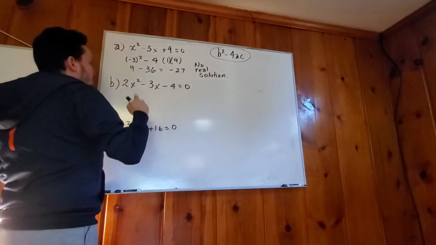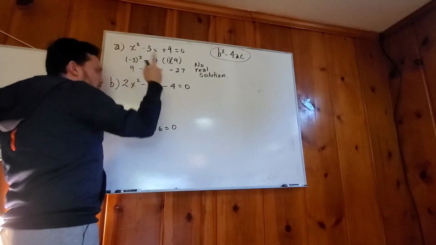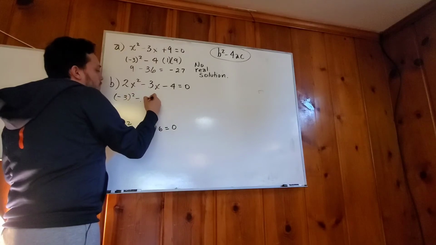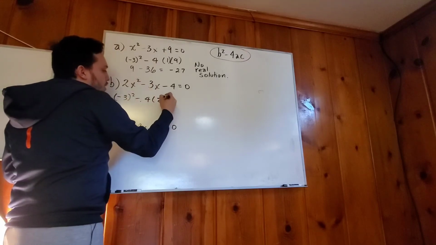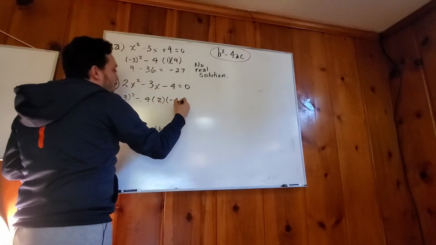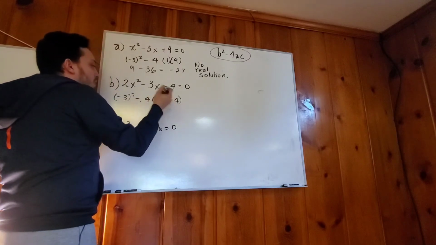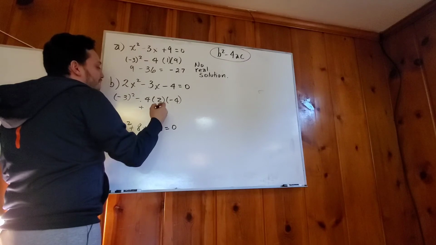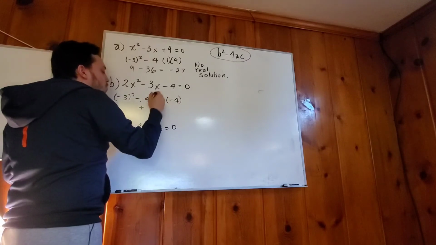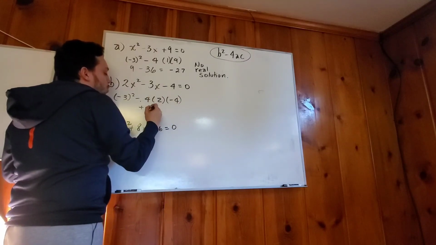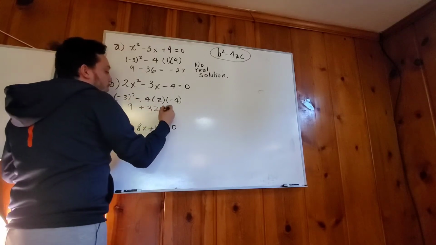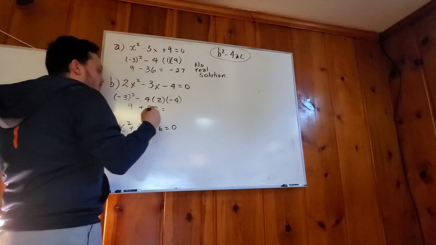Now, what about the second one? We're going to use the same thing, b squared, which is negative 3 squared minus 4 times 2 this time times negative 4. Be careful: negative and negative is positive. 4 times 4 is 16, times 2 is 32. Negative 3 squared is 9. 9 plus 32 is going to be 41.